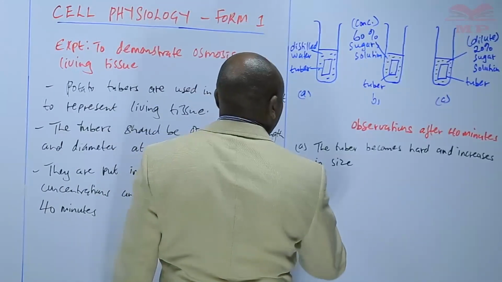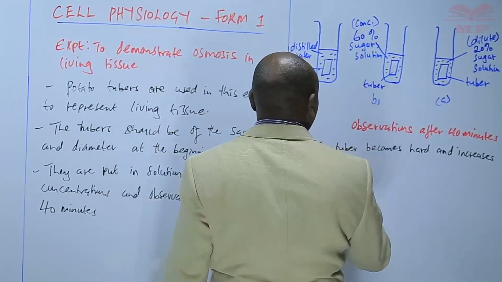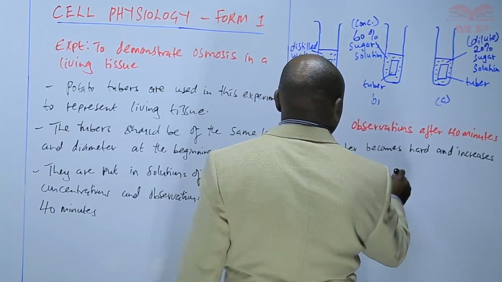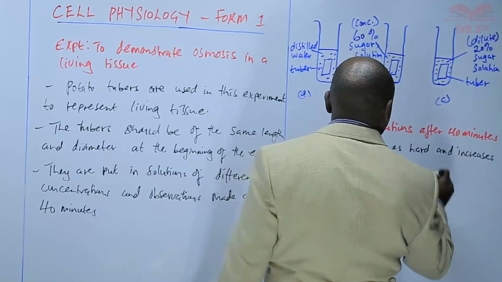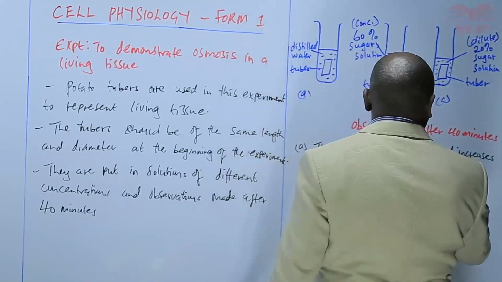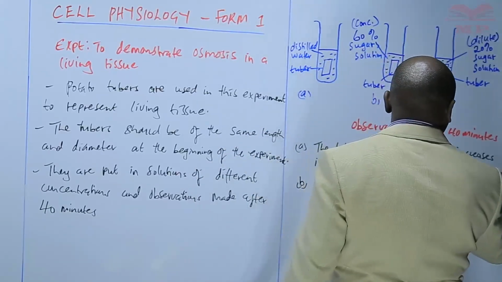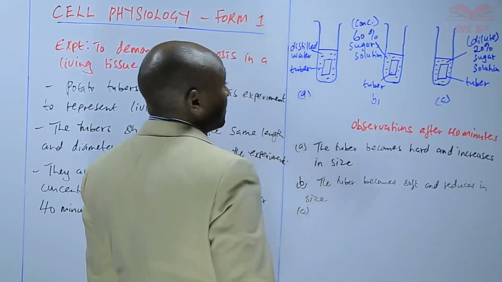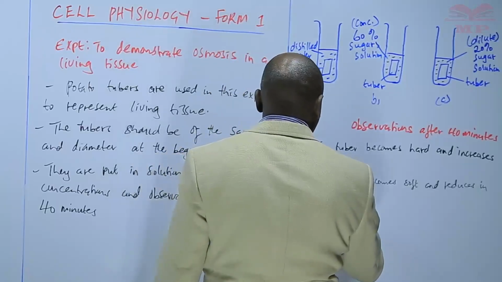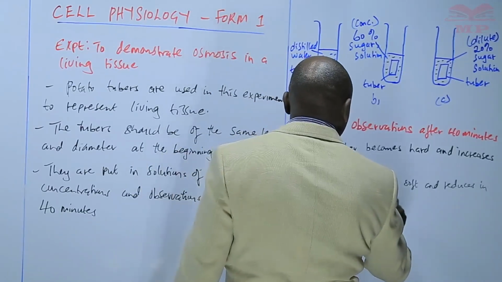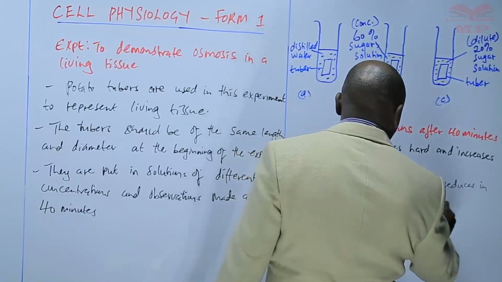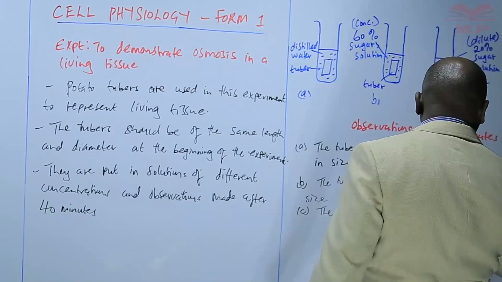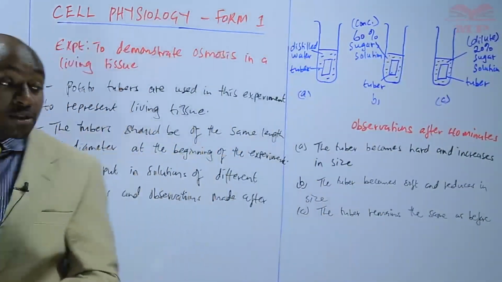For the case of B, the tuber becomes soft and reduces in size, whereas C, the tuber remains the same as before. So those are the observations that you'll make.